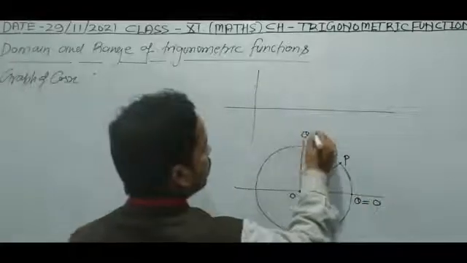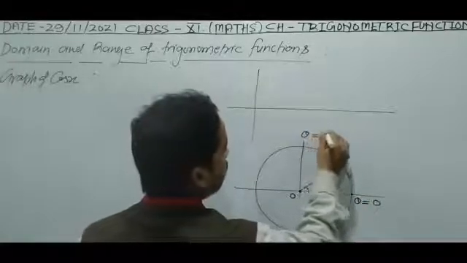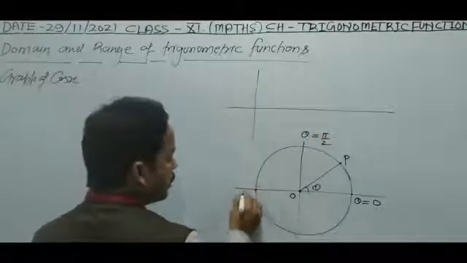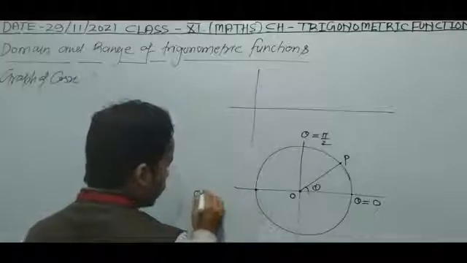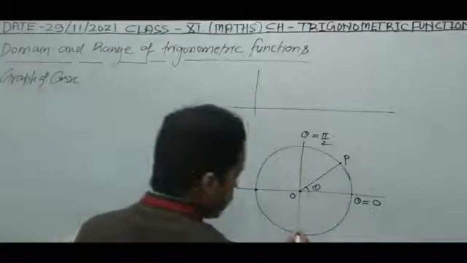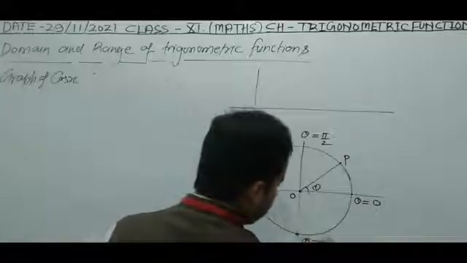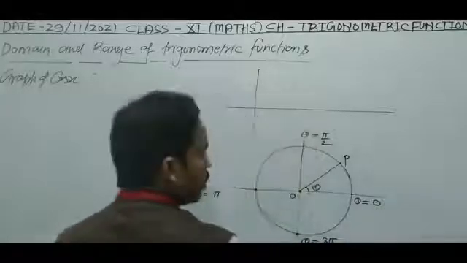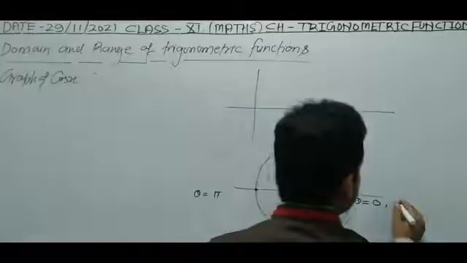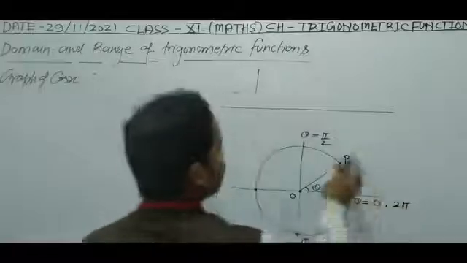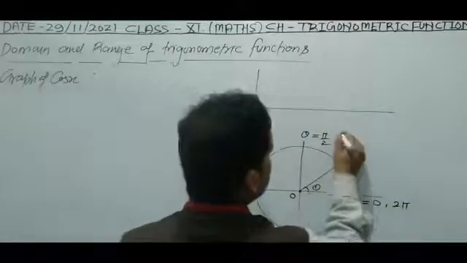At this point theta is pi by 2, at this point theta is pi, this point theta is 3 pi by 2, at this point theta is 4 pi by 2. This is 5 pi by 2.